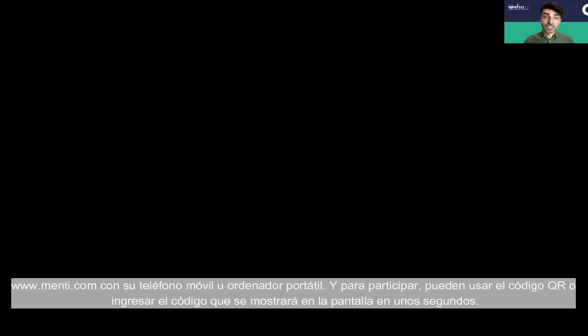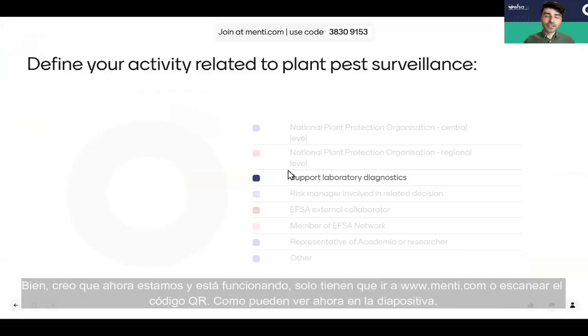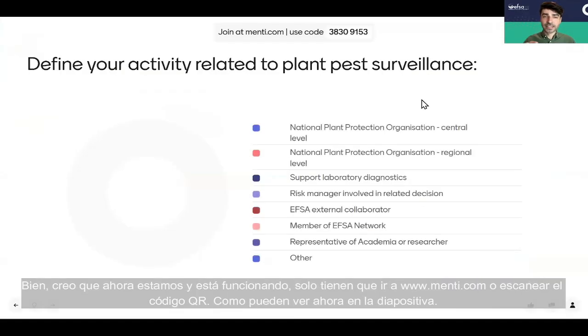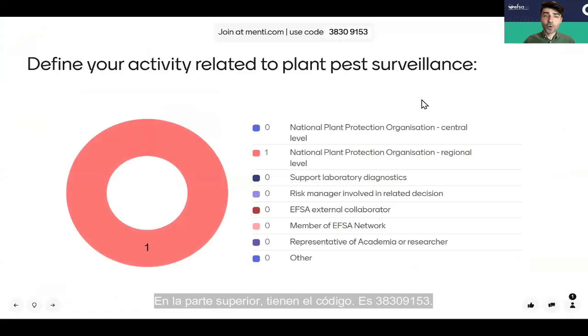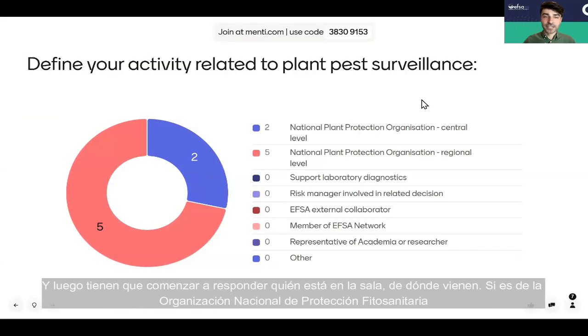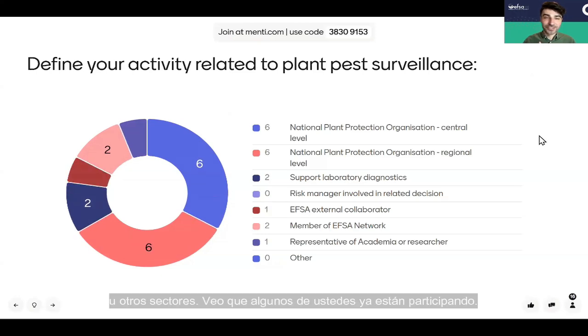As you can see now in the slide, in the upper side, you have the code. It is 38309153. Then you have to start answering who is in the room, where you are coming from, if the National Plant Protection Organization, and other sectors.